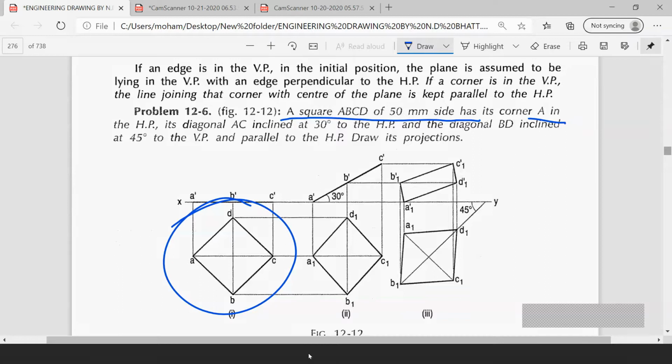It is inclined at 30 degrees to HP now, this diagonal AC. Then diagonal BD is inclined at 45 degrees. I am rotating like this. The total diagram, I am rotating 45 degrees. This diagonal is in 45 degrees inclination now. This is the B point. Understand? Is it clear? This is the B point.